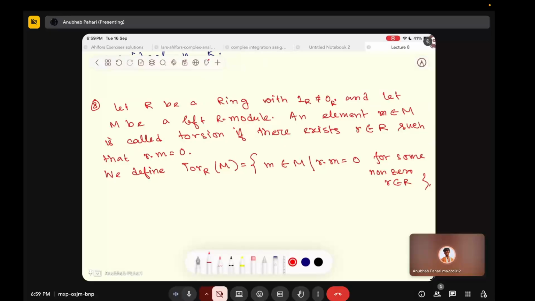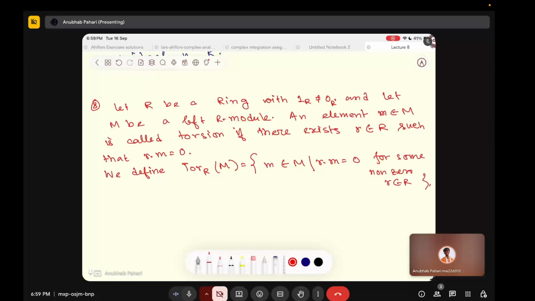There you are seeking ideals consisting of elements such that the product with the submodule is 0, but here we are seeking elements from the module such that r dot m equals 0 for some elements from R, which are again non-zero.